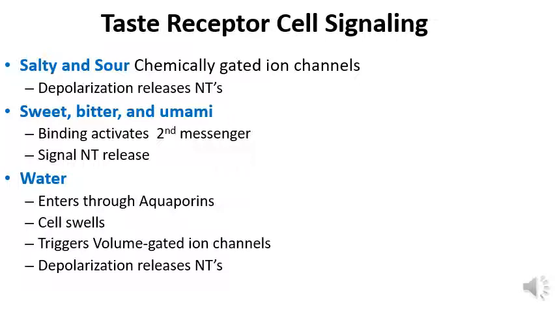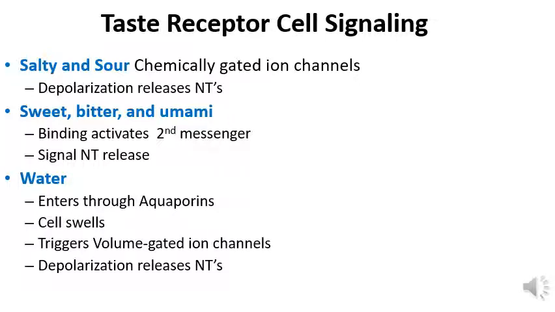Turning our attention to sweet, bitter, and umami, in these cases, the receptor is going to pick up on the sweet, the bitter, or the umami. That binding of the chemical compound that creates that particular taste is going to activate the release of a second messenger within the receptor cell.